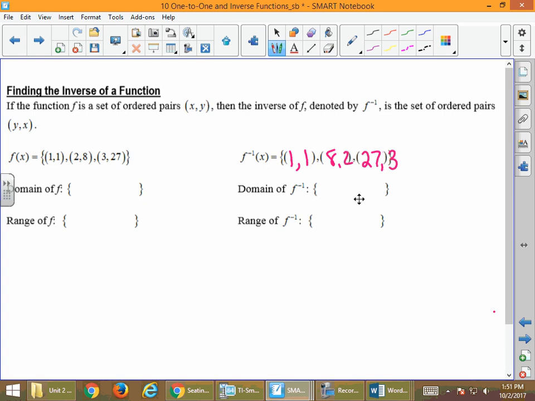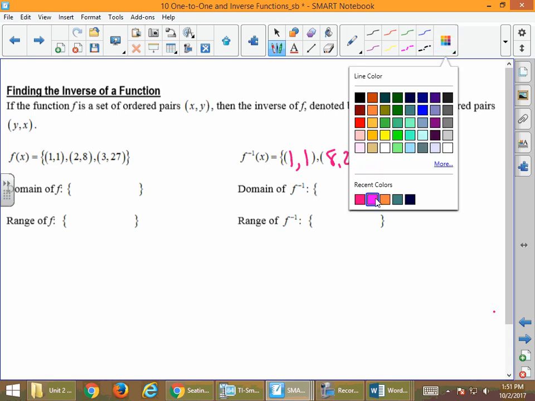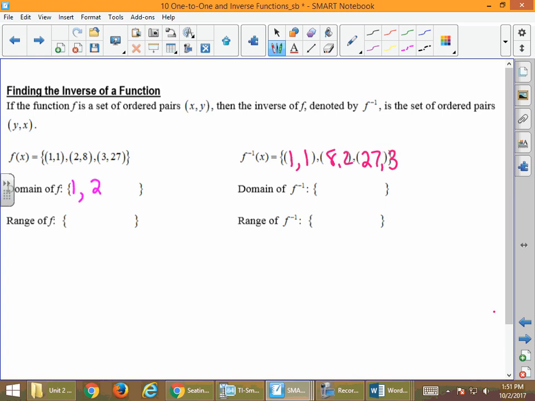When we're finding the domain of the original function, the domain are going to be the x values. 1 and 2 and 3. And the range are going to be the y values of the function. 1 and 8 and 27.